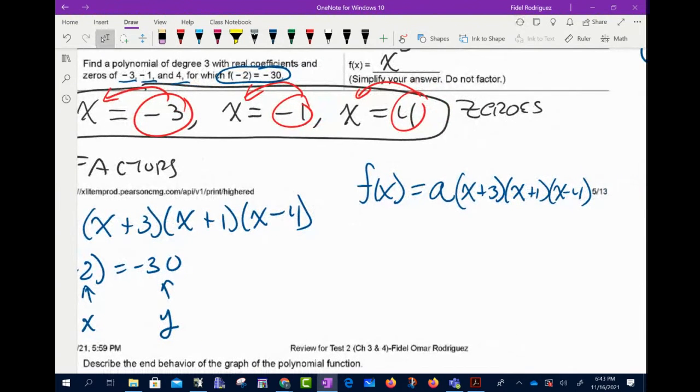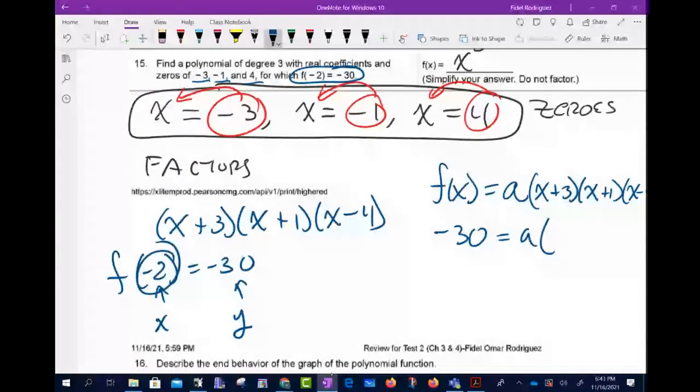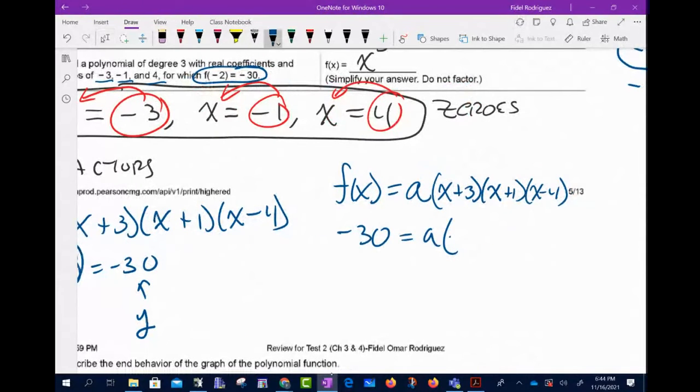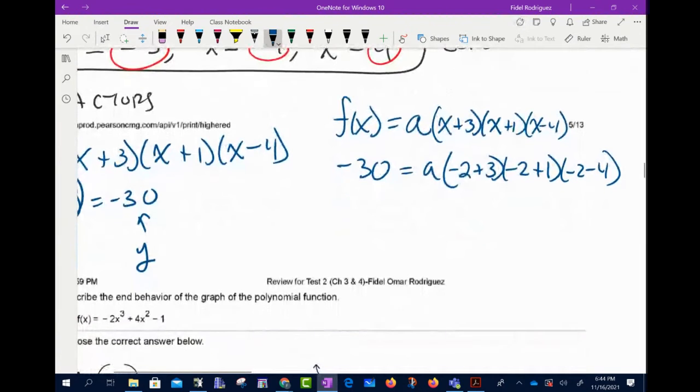So what I'm going to do here, y'all, is put -30 equals a, and everywhere I have an x, I'm going to plug in the number -2. So I'm going to put -2 plus 3, -2 plus 1, -2 minus 4. Okay? So if you notice, y'all, the only number that I don't know yet is the value of a.